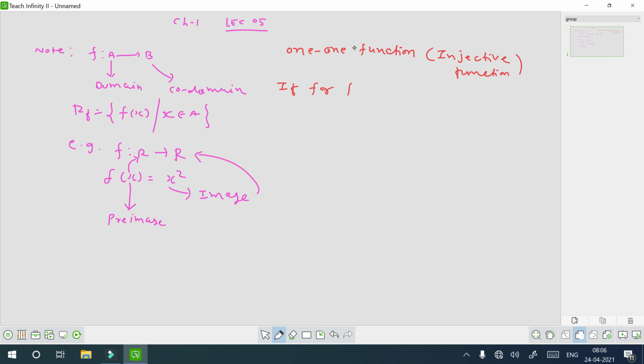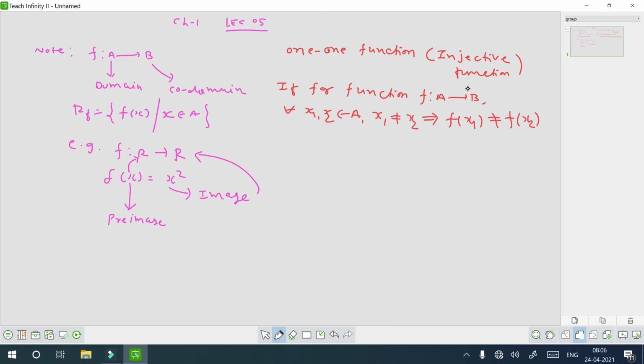If for a function f from A to B, for all x1, x2 belongs to A, x1 not equal to x2 implies f of x1 not equal to f of x2.